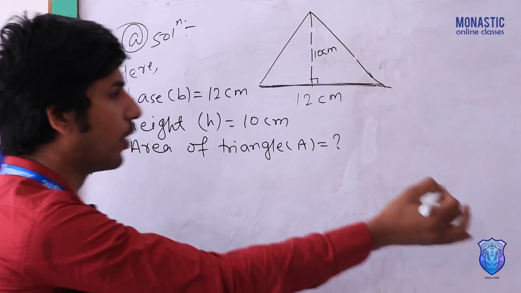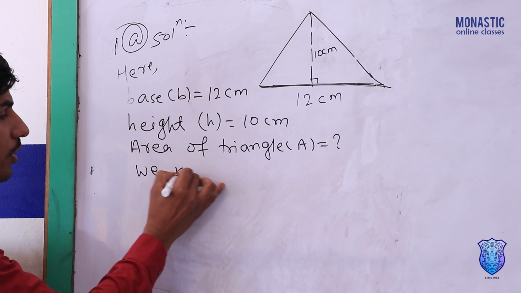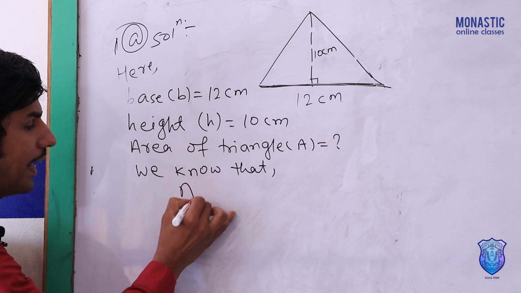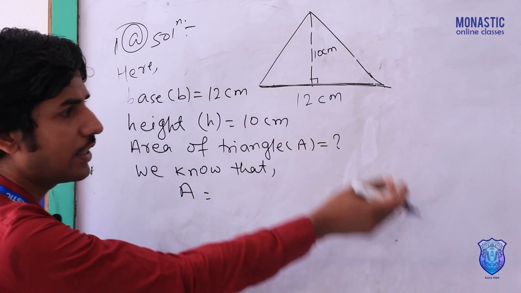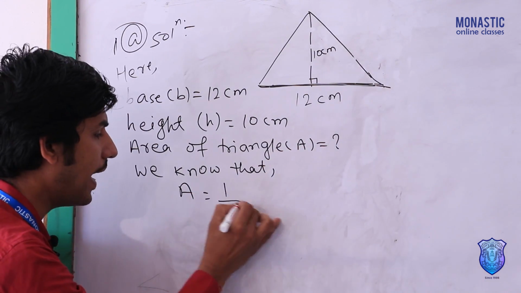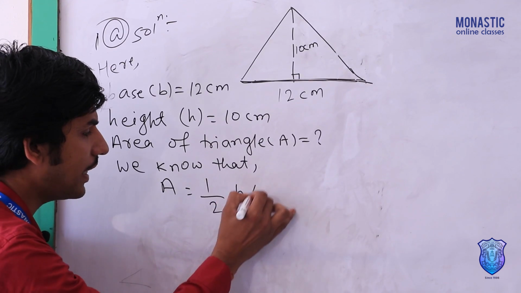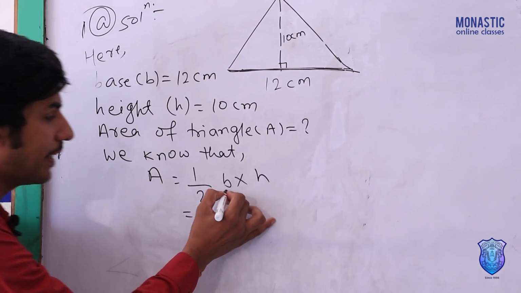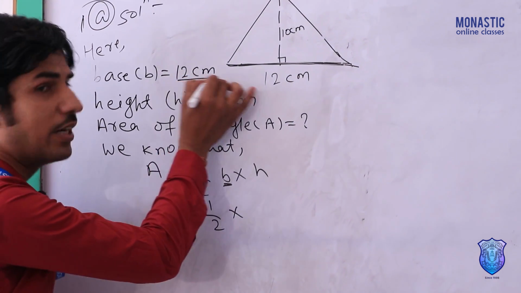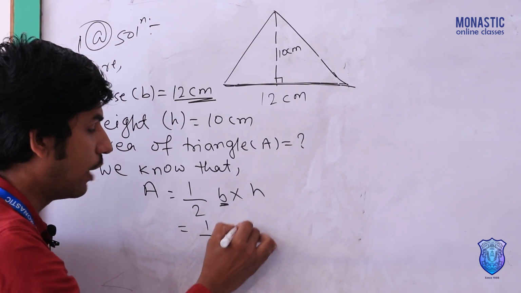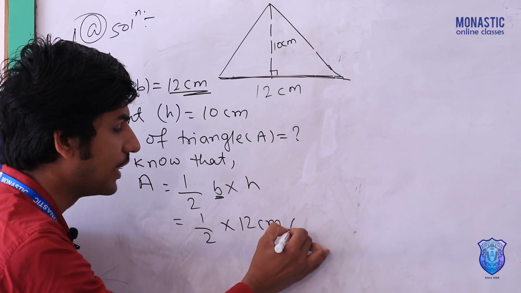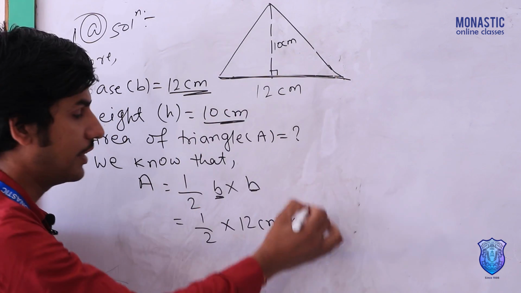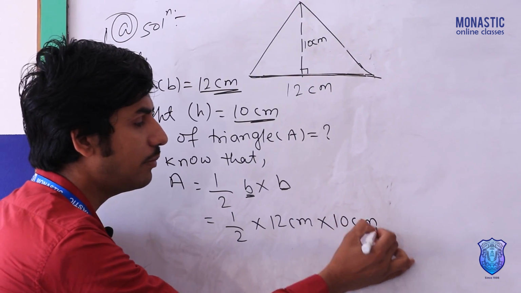We know that area is half base into height. Half, base is 12 cm, into height, 10 cm.